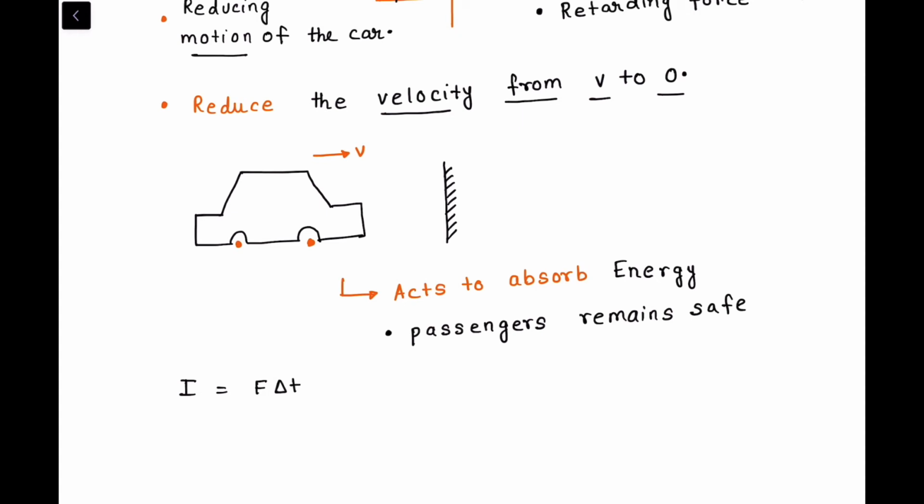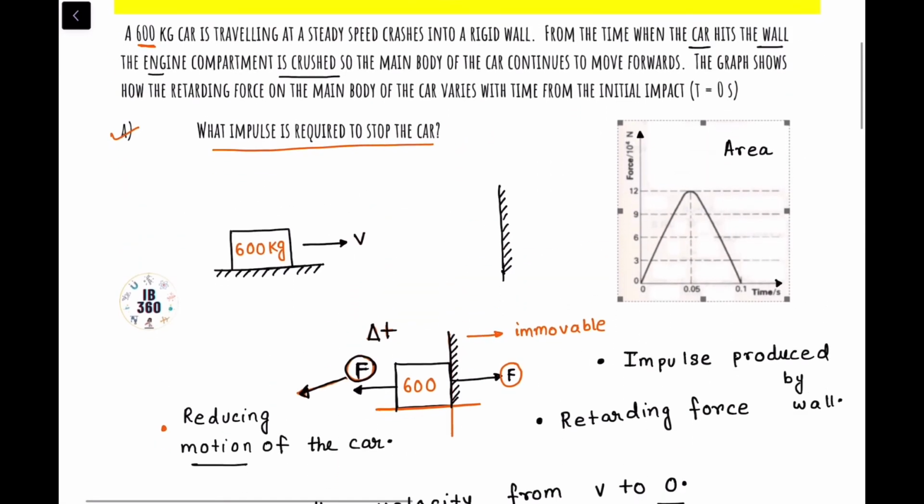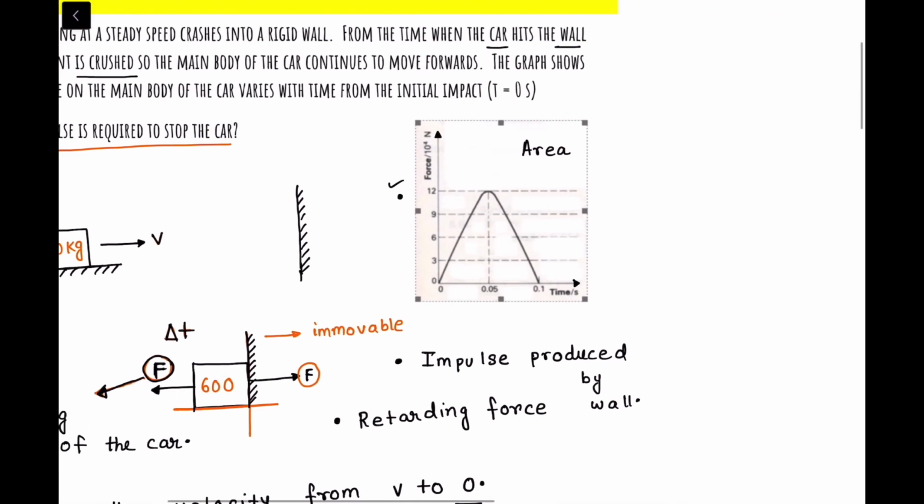So this was equal to the area under the F-t graph, the area under force time graphs. So if I just somehow find the area under this curve, I'll get the impulse. Okay, so what is the area under this curve?